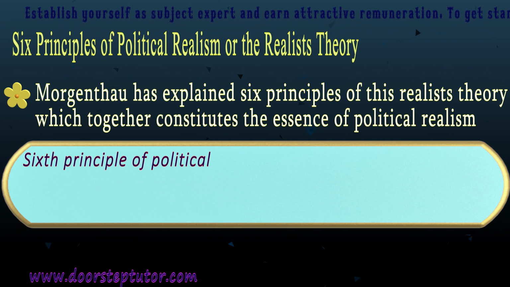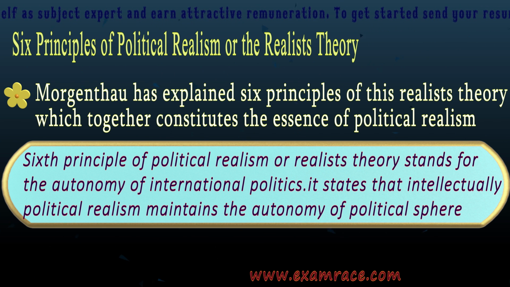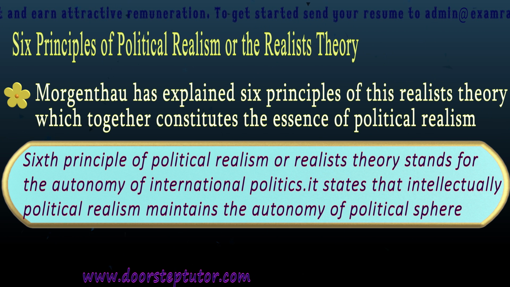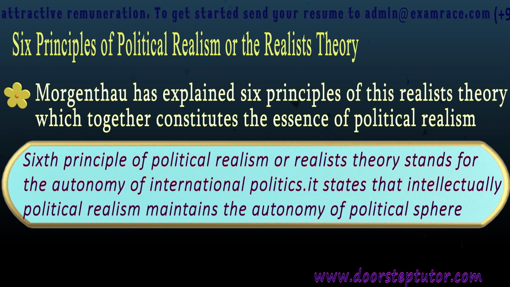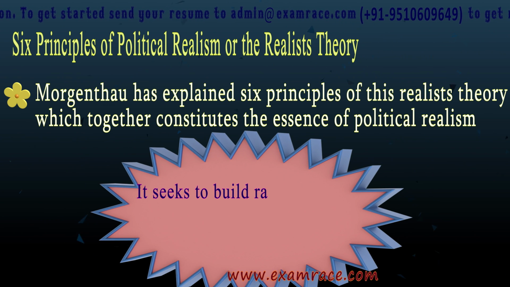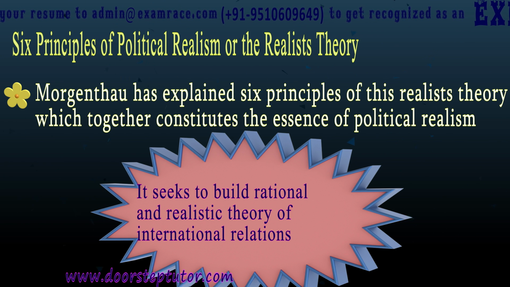The sixth is that it stands for the autonomy of international politics. It states that intellectually, political realism maintains the autonomy of the political sphere. So it seeks to build a rational and realistic theory of international relations.